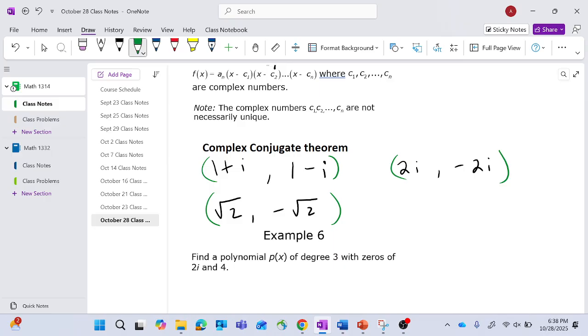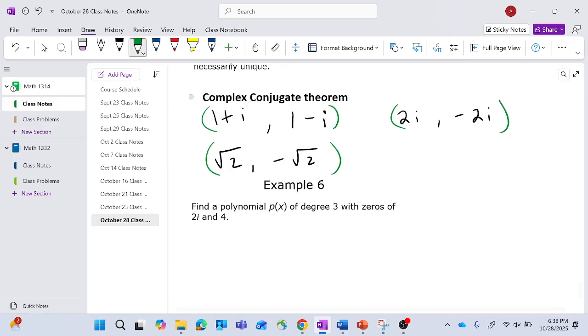Root 2, negative root 2. So for example 6, because I'm telling you guys that 2i is a solution, well, that means negative 2i also needs to be a solution, because it has to come in pairs. If you see an i or a square root, it has to have a pair of the opposite sign.